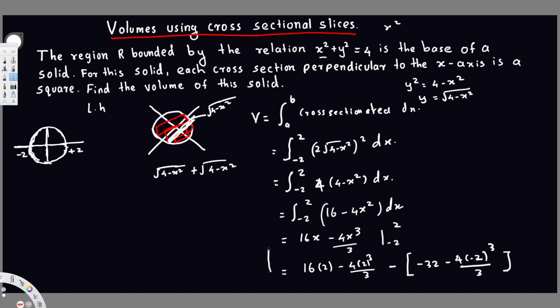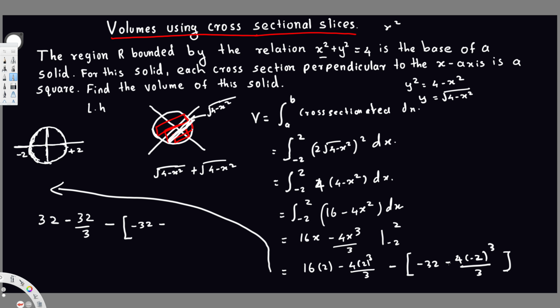Let's simplify this one. Here we have 32 minus, 2 cubed is 8, 8 times 4 is 32, so 32 divided by 3. Then minus, we have negative 32 minus, negative 2 cubed is negative 8, negative 8 times 4 is negative 32.